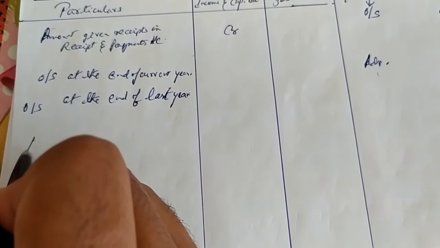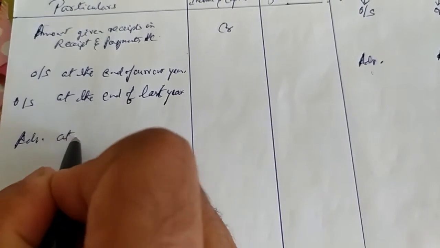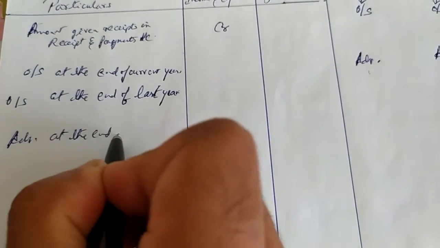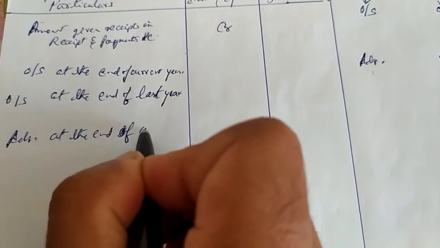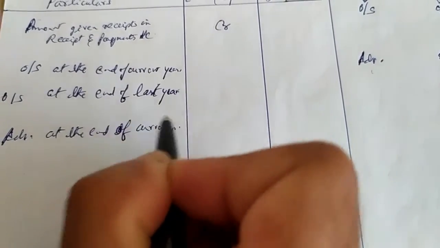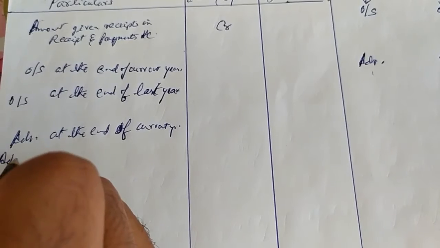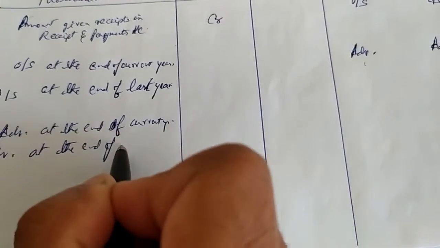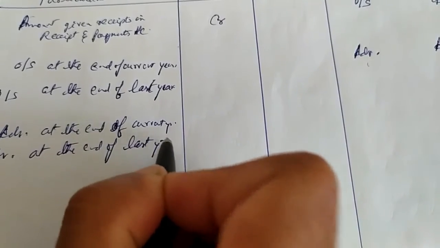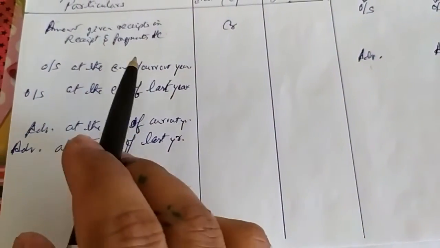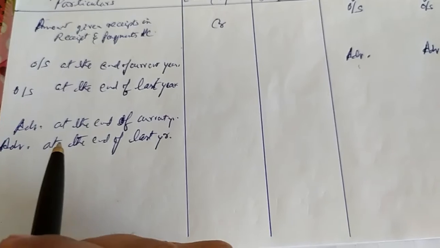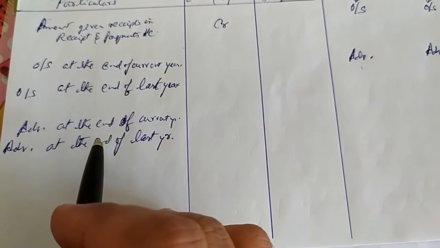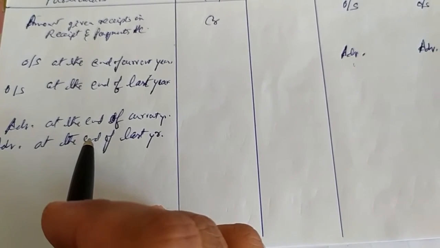Similarly, you will have advance at the end of the current year and advance at the end of last year. So these will be the four amounts which you shall have from the question to be treated for adjustment.